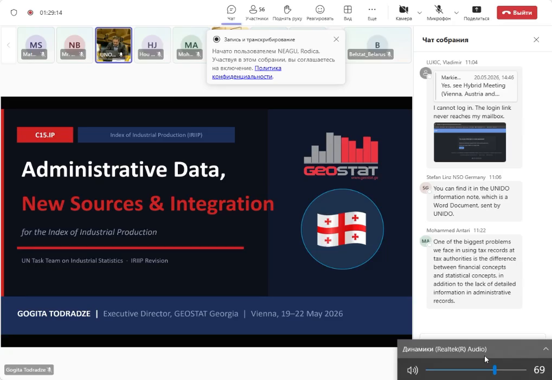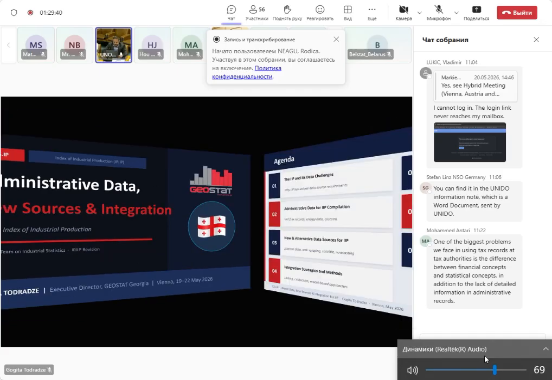The IIP is our key short-term economic indicator, tracking industrial output month by month. Its unique data requirements are not addressed in the current IIP 2010 guidance, and that is the gap this presentation aims to fill.